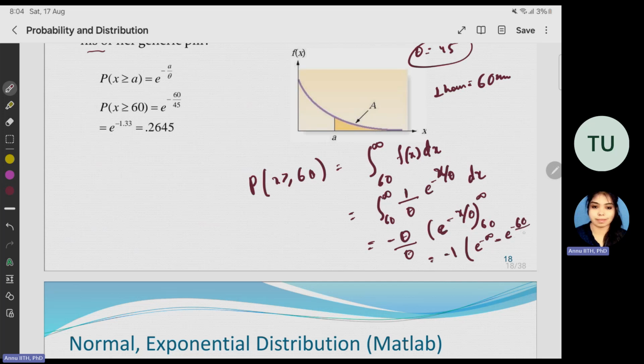The 0 minus e power minus 60 by theta, with the minus signs cancelling, gives e power minus 60 by theta. The theta value is 45, so e power minus 60 by 45 is the answer.